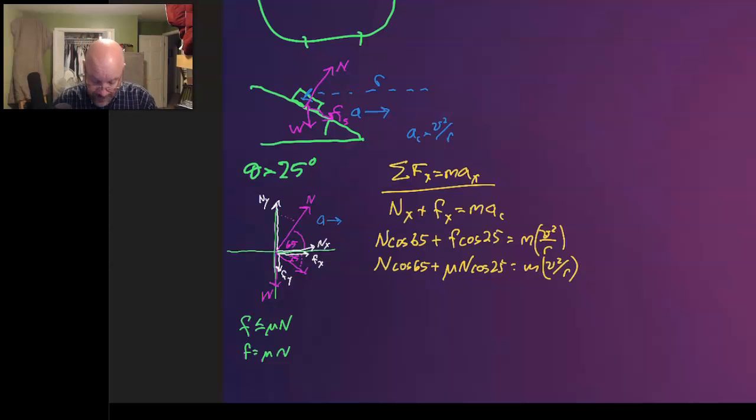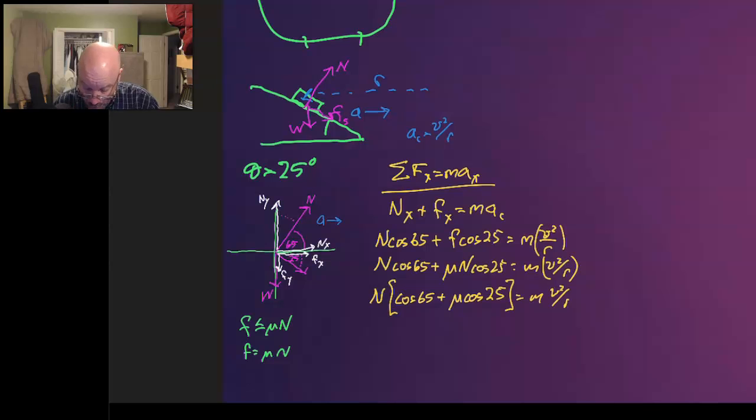One more step of algebra here. Let's pull out the N. So I have N times cosine 65 plus mu cosine 25, and that's still mv squared over r.